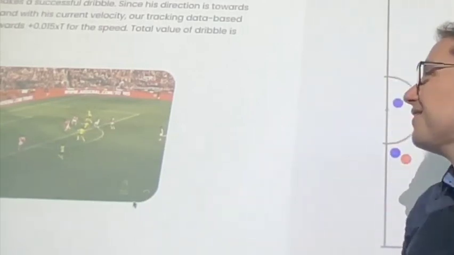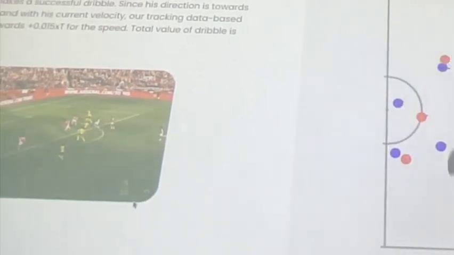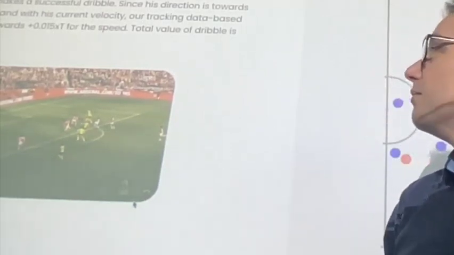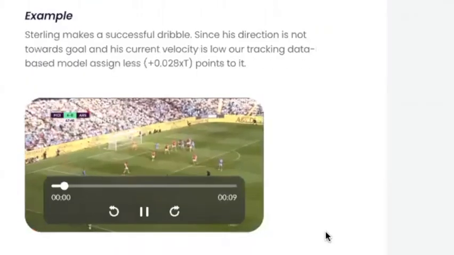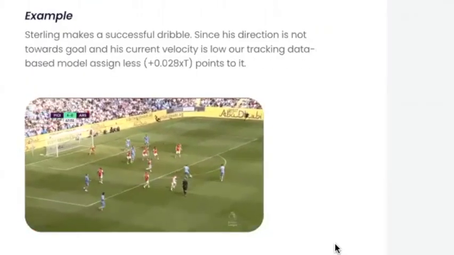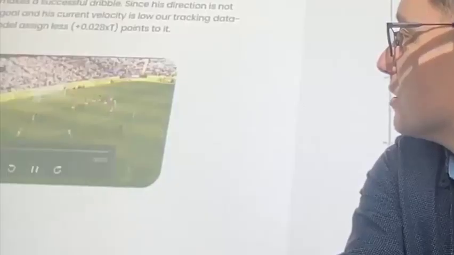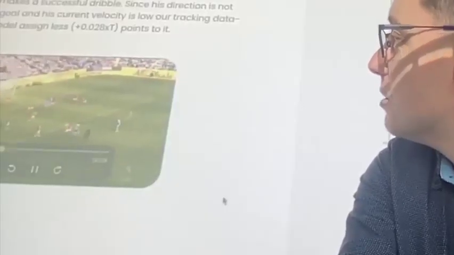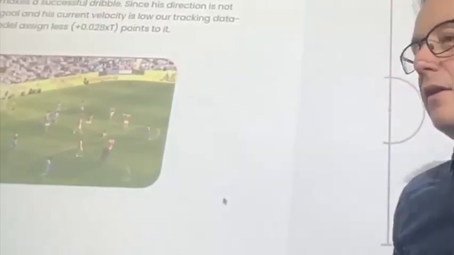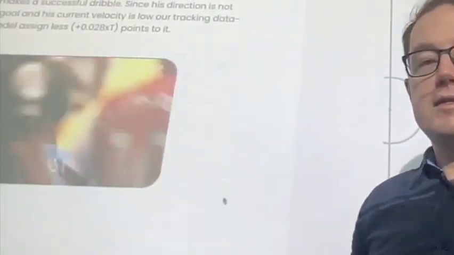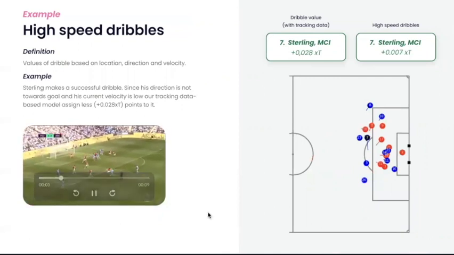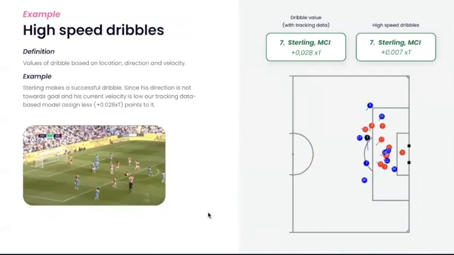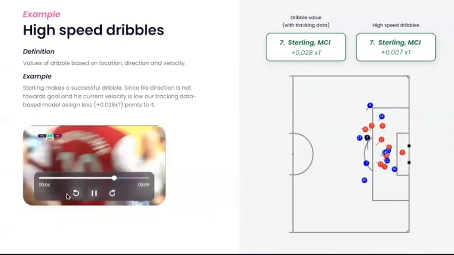I don't know if that results in a goal or not, but we have this 7.6% increase in the chance of scoring. And then, similarly, this is another example by Sterling, but this one is a low velocity dribble. A dribble there would normally be worth quite a lot, but it's not going in the direction of the goal. So by including the tracking data, we know that dribble is actually worth a bit less than we might have otherwise assigned to it.